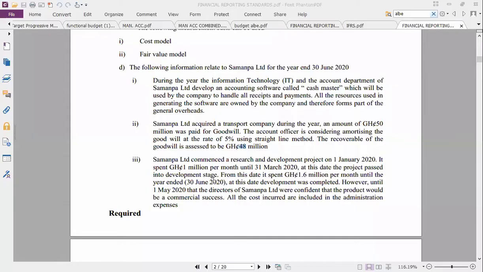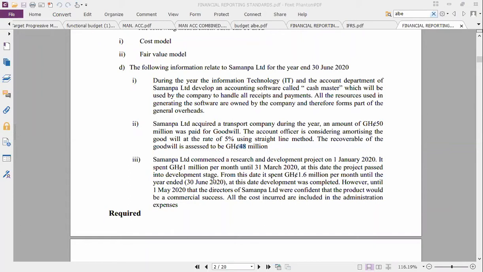So still at Samampa, the third one. So let's see that one too. That one stated that Samampa Limited commenced a research and development project on January 2020.